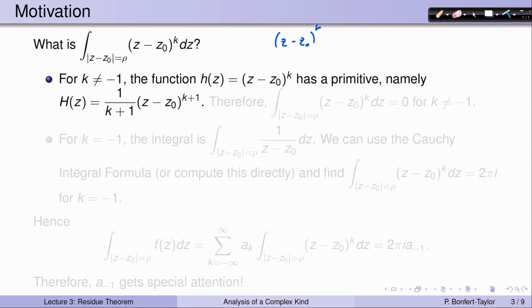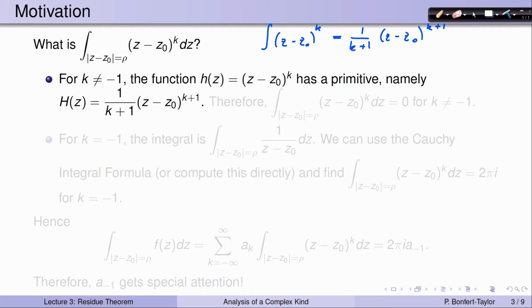If k is not equal to -1, then this function (z minus c0) to the k actually has an antiderivative that is analytic in the entire complex plane with the exception of c0. And the antiderivative is 1 over (k plus 1) times (z minus c0) to the k plus 1. Because when I differentiate this function, the k plus 1 comes down, cancels out with the 1 over k plus 1, and the exponent becomes k, which is exactly what I wanted.